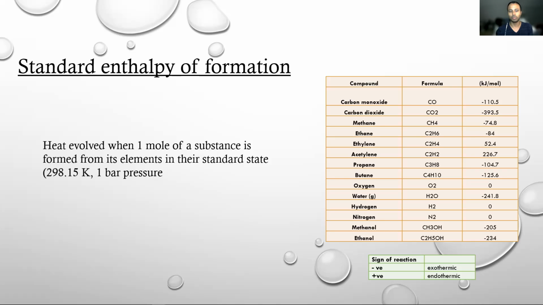Such species are given a heat of formation of 0. And that is why oxygen, hydrogen, nitrogen have a 0 enthalpy of formation. I'm pretty sure you must already know about these things, but just to recap a bit.